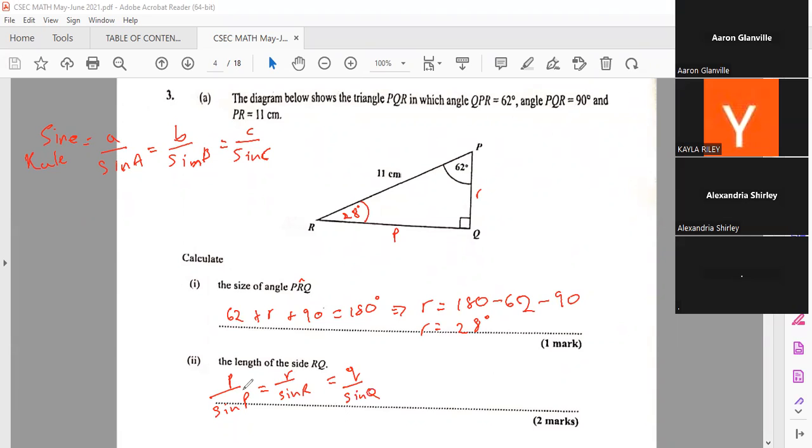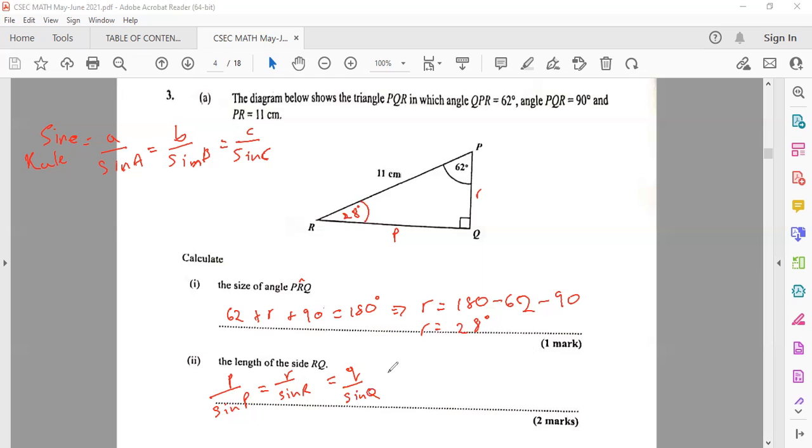Now that I look at using the sine rule here, I realize that it might not work. So that's P, that's R, this is the little Q on this side. Another rule that we could use? It should work. Let's try.